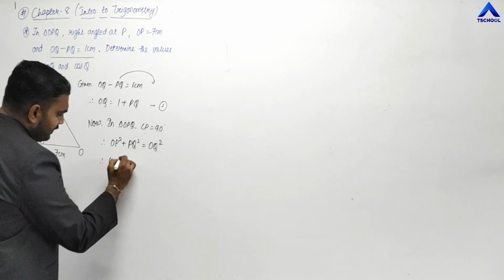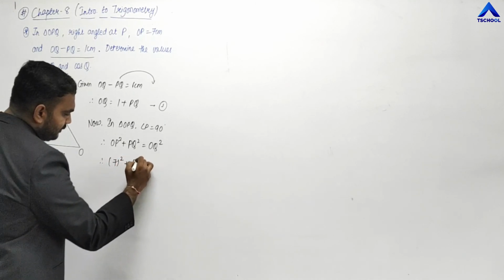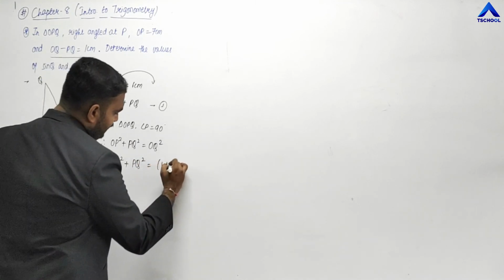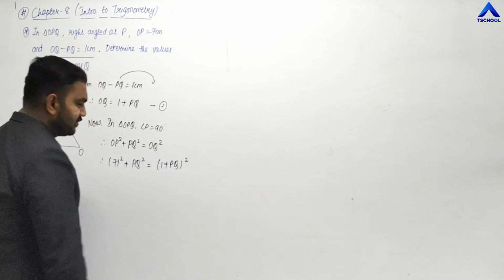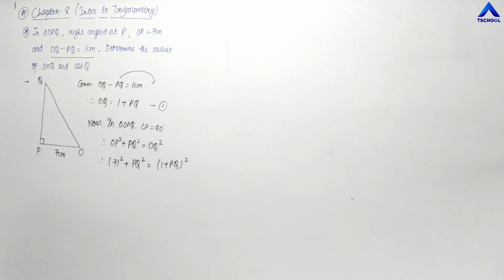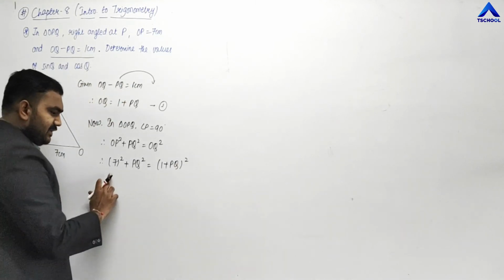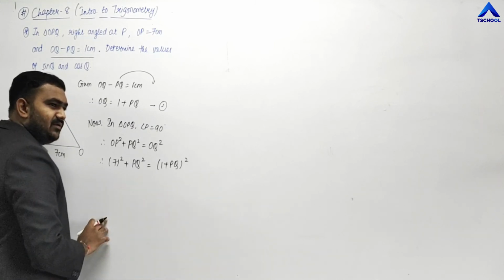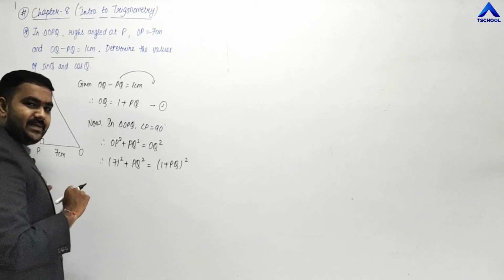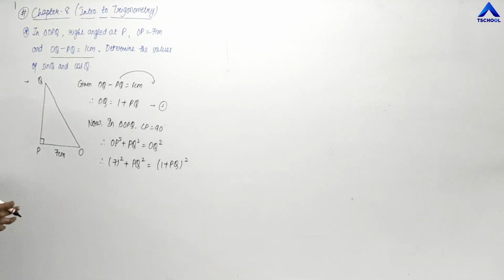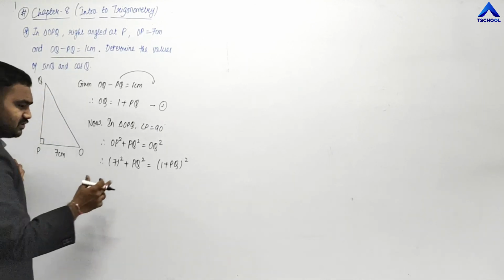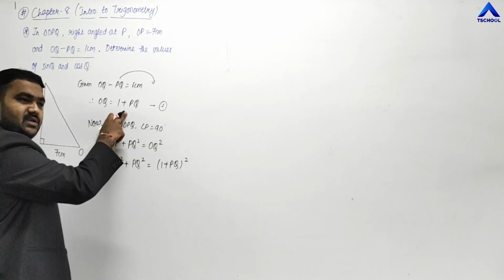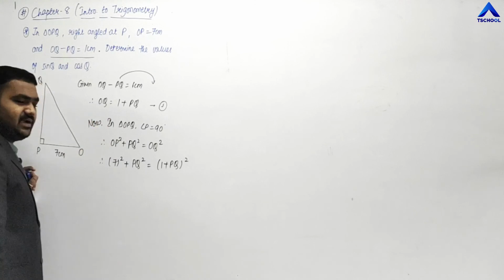Therefore 7 square plus PQ square is equal to 1 plus PQ whole square. Now friends, you can see clearly here that all the terms in this equation are having only PQ. So first of all, we will get PQ here. We will put PQ in this equation number 1, and hence we will get OQ.